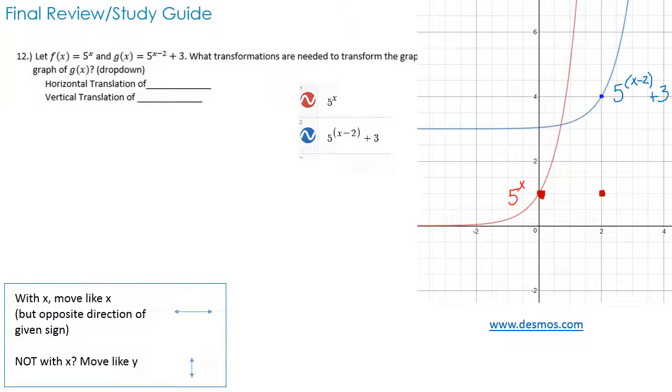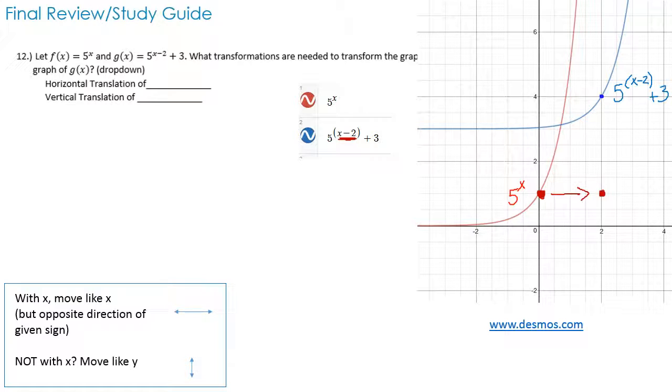So we move to the right 2 units. If it's with x, we move like x, but in the opposite direction. So notice here, in our g of x, this negative 2 is with the x, so we move with the x, but in the opposite direction. So instead of being 2 units to the left, it's 2 units to the right. So we moved right 2 units.